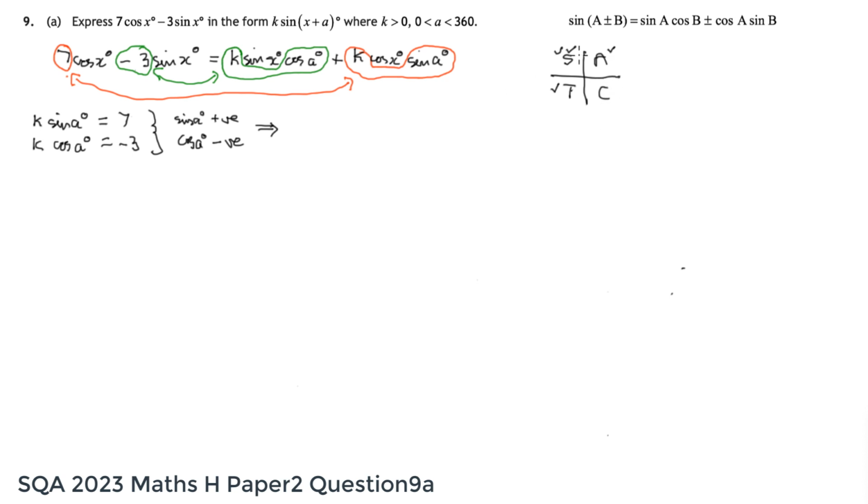So for cosine to be negative, it's the second and third quadrants. For both conditions to hold, the angle A must be in the second quadrant, between 90 and 180.